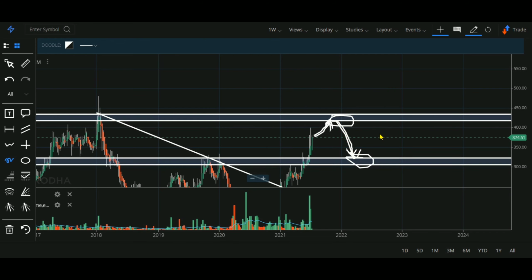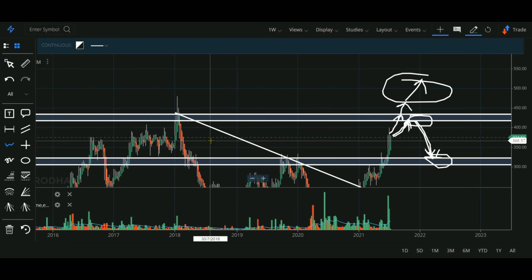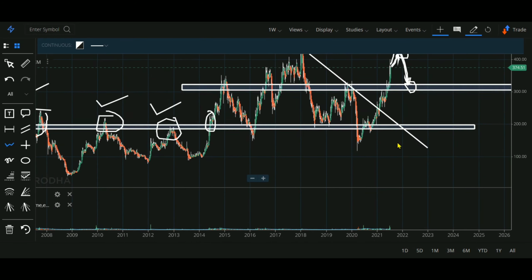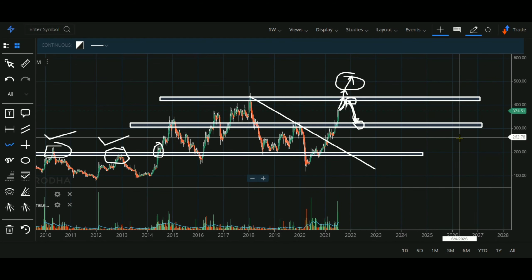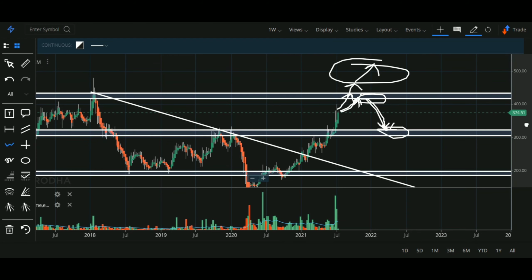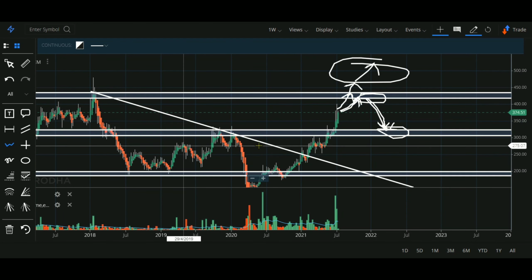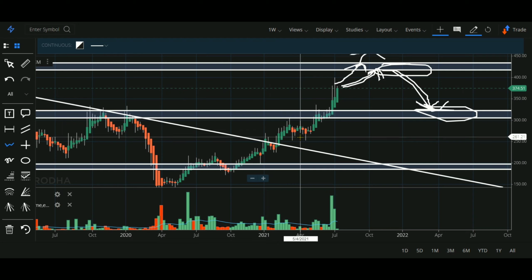However, there is a second scenario: this could go up, not take a proper resistance here, break the resistance, and then it's a proper breakout, right? This could also happen. There are two major things that could happen.